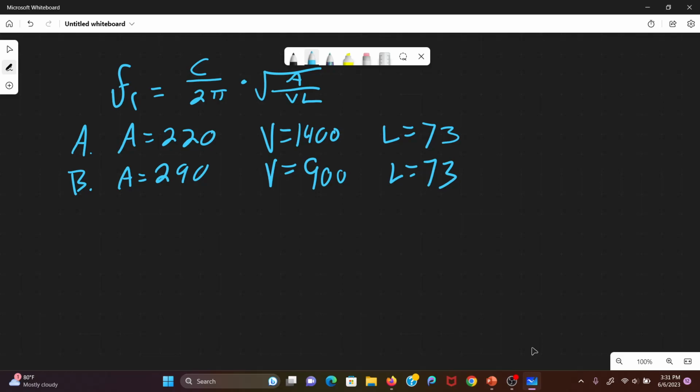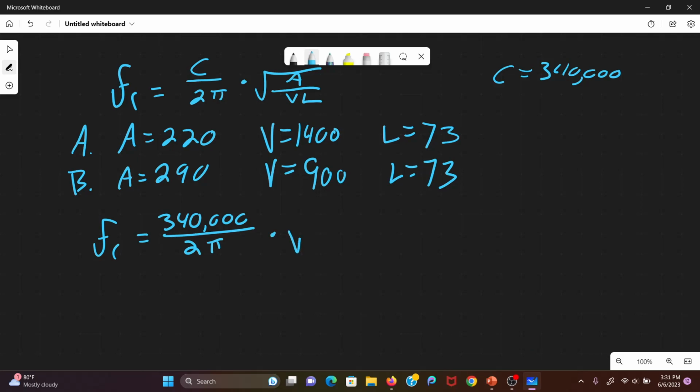Okay, so let's solve this. Speed of sound is 340,000. To solve for A, we're just going to set this equation up for the resonant frequency equals 340,000 over 2 pi multiplied by square root of 220 over 1400 times 73.